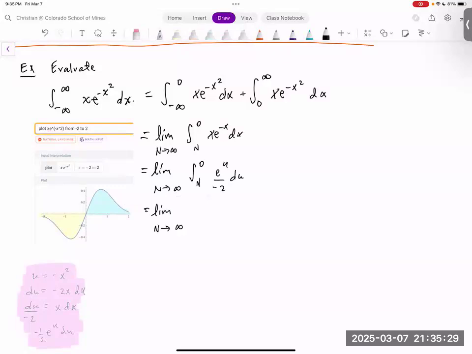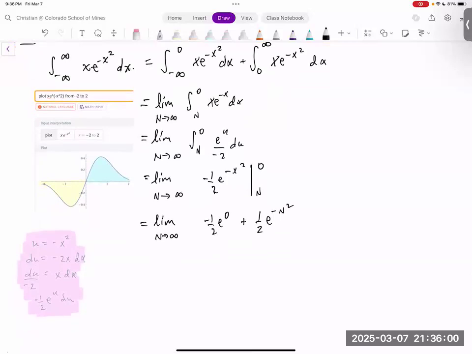So if we anti-differentiate, it would be negative a half e to our u value, and our u is negative x squared, and we're evaluating from n to 0. Now we're back in terms of x. Let's plug in a 0. Let's plug in an n. If we plug in 0, we get negative a half e to the 0 plus a half e to the negative n squared.